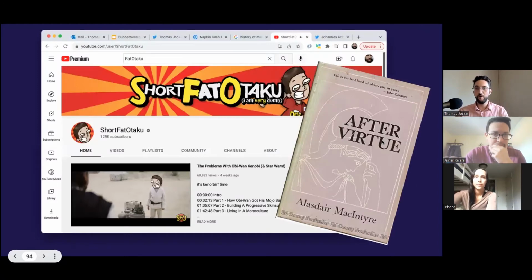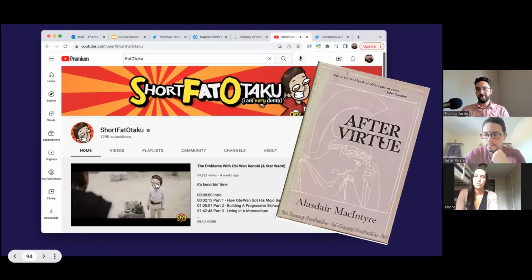They quote Aristotle's virtue ethics, but obviously we're not in ancient Greece, and writers like MacIntyre, in After Virtue, talk about modern society and the moral theory of how we think about things. You can't just copy paste the past and put it in the present.